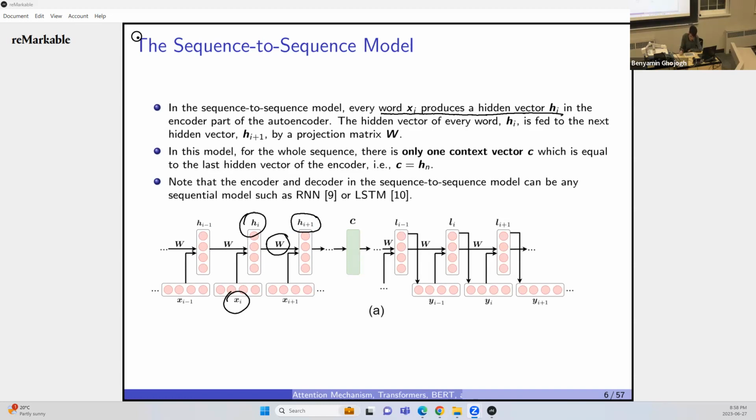By weights W. And we have only one context vector here. That context vector equals hn, the last hidden state of the encoder. This is exactly what we have in sequential models such as RNN and LSTM, right? If we use RNN for autoencoder, it becomes like this.